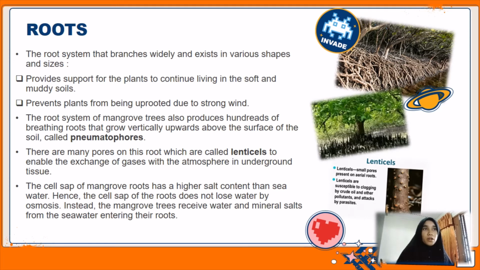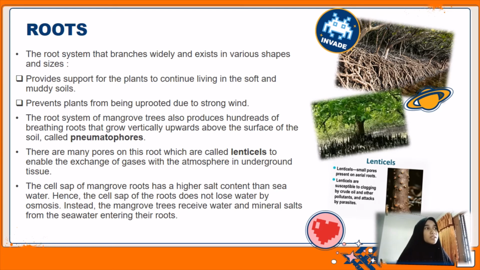The cell sap of mangrove roots has a higher salt content than sea water, hence the cell sap of the roots does not lose water by osmosis. Instead, the mangrove trees receive water and mineral salts from the seawater entering their roots.